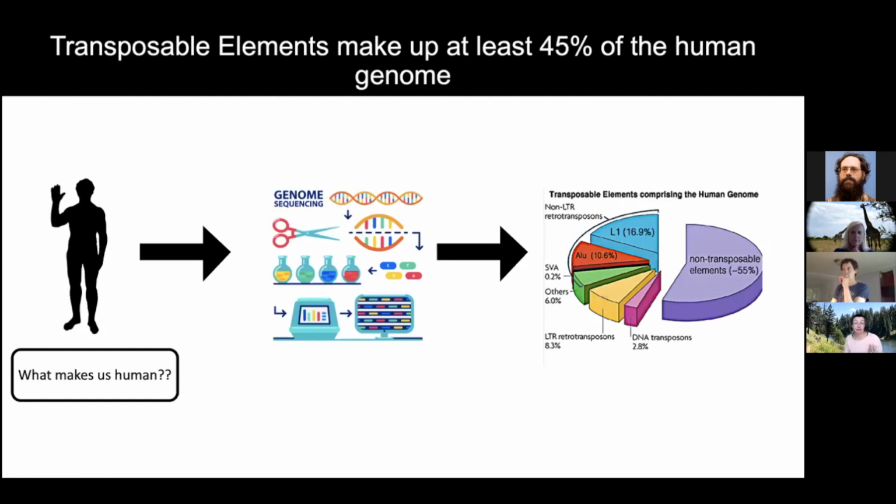These are elements that are considered parasites of our genome, and replicate themselves and move around. In the human genome and primate genomes in general, the majority of these transposable elements are in fact retrotransposons.